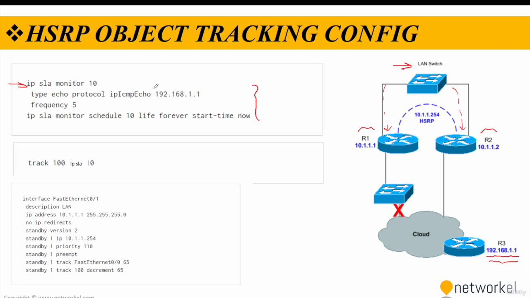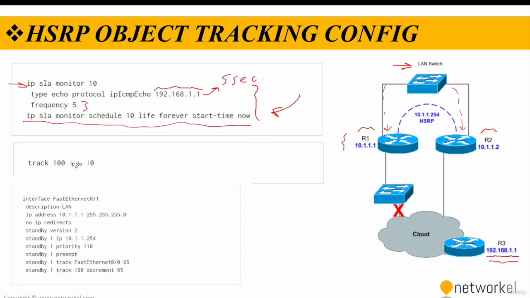And I am simply starting to ping this IP address from my router. Okay, and with a frequency of 5, which means I will go ahead and ping this IP address every 5 seconds. Okay, and then I'm putting this command and starting the IP SLA monitoring to run.